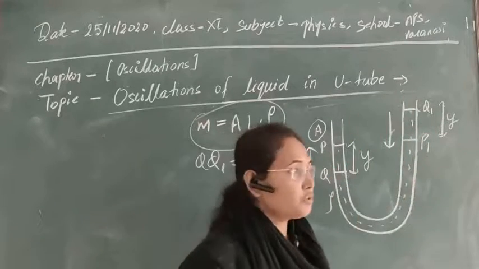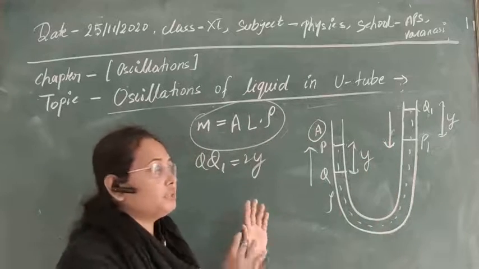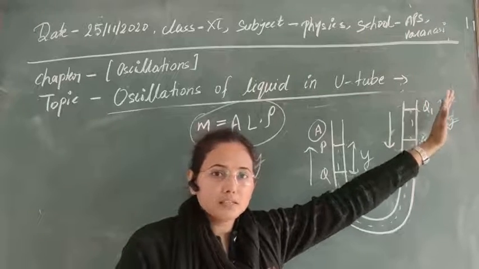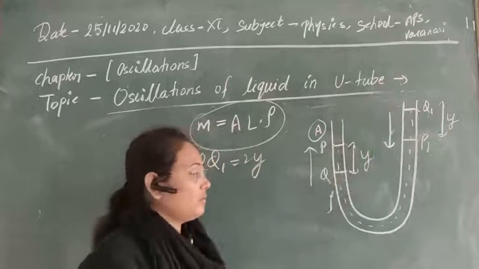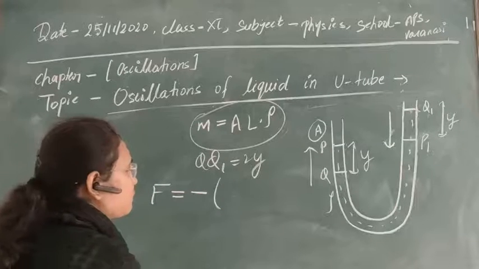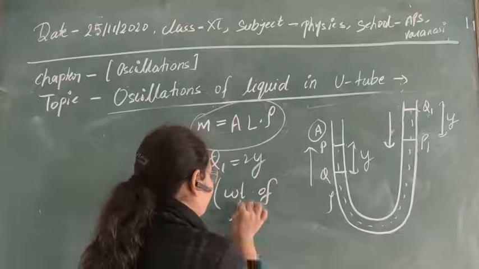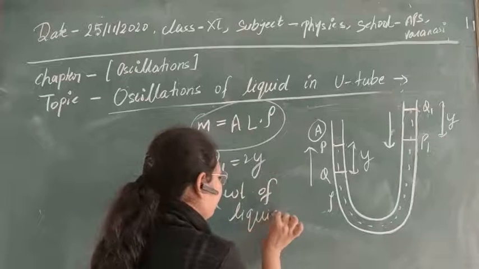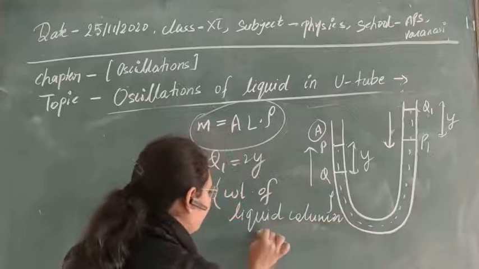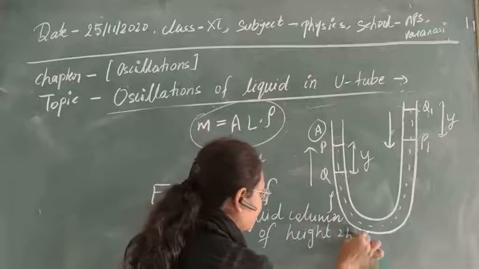So what is the restoring force that is developed? The restoring force is developed due to this weight of liquid that is displaced in the U-tube, and that's why F will be equal to minus the weight of the liquid column of height 2h.